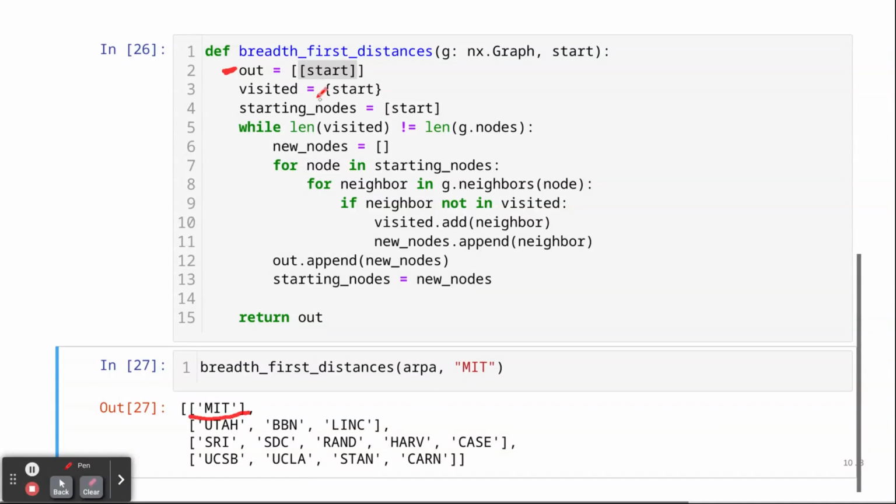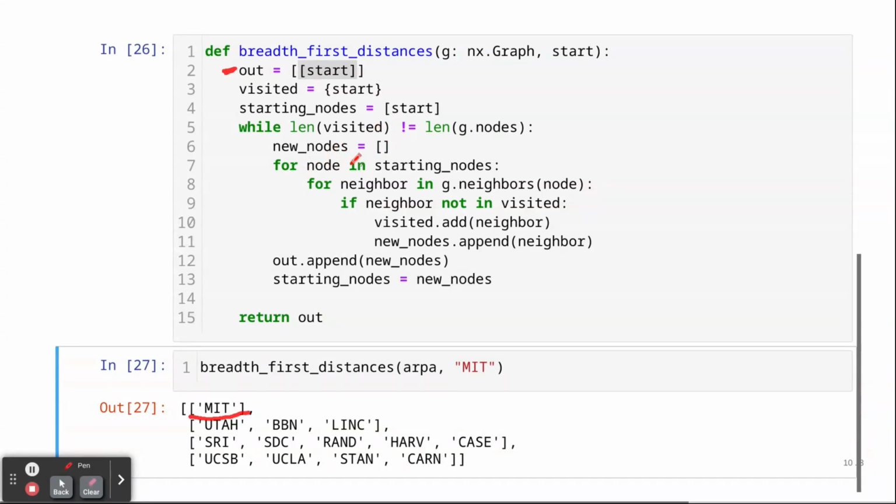Then we just kept track of what we visited so far, as well as what nodes we should be exploring. And now we'll say, while we're not finished yet, while we haven't seen everything, let's go ahead and create a fresh set of brand new nodes that we're seeing for the first time.